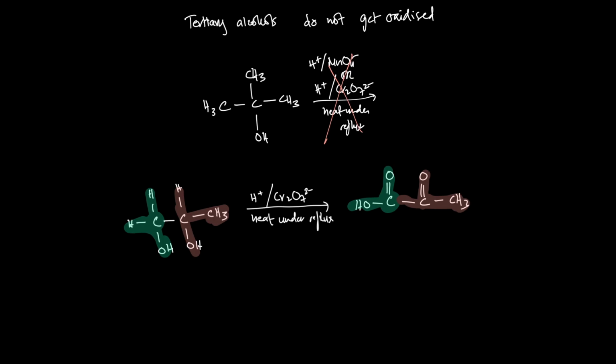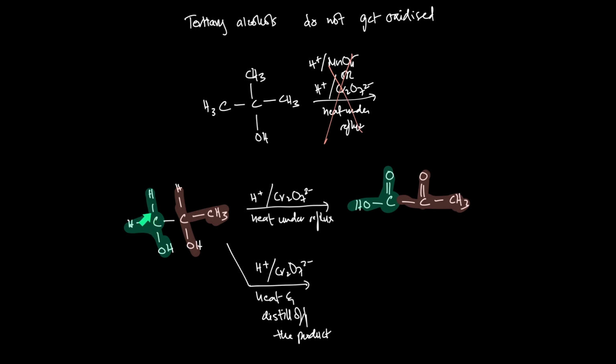On the other hand, if I took the same oxidizing agent and I heated and distilled off the product, or you can just say heat and distill, what do I produce here?